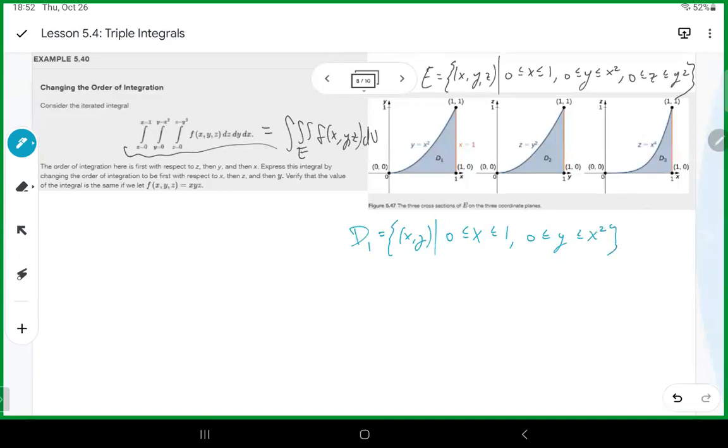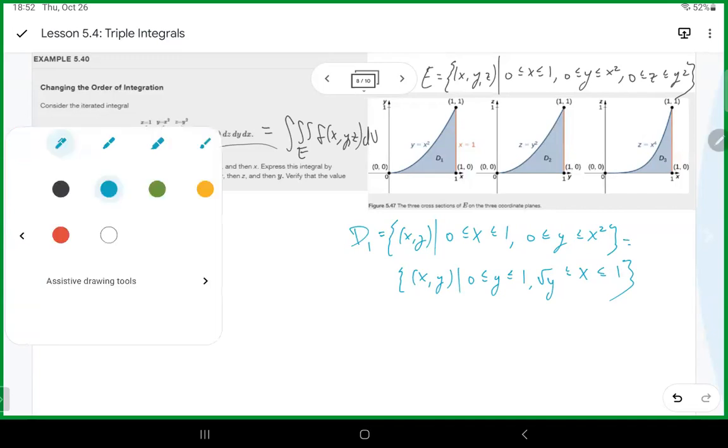And then that one you can actually keep going. Oh, okay. So for D1, it depends on which way you want to integrate, but those two are the same.